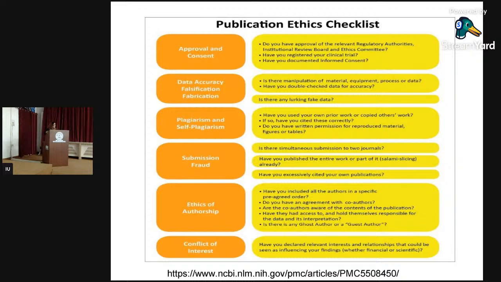So for you, it's necessary to keep these guidelines in mind. At this juncture, as a research scholar, this may not be very important because your PI will be doing all these things. But when you become a PI yourself, you need to have a pre-agreed agreement regarding the order of the authors.